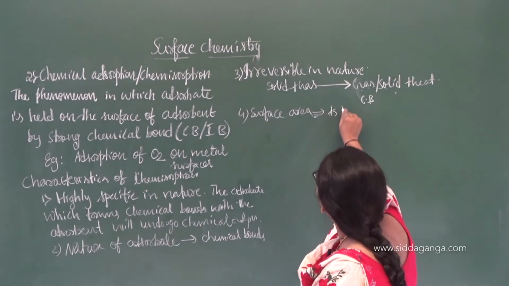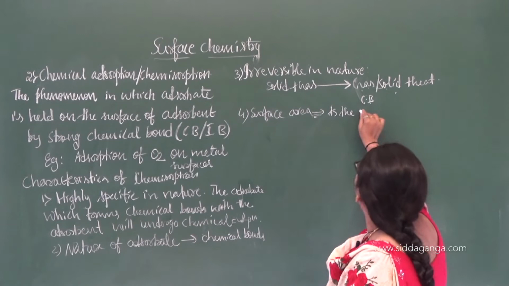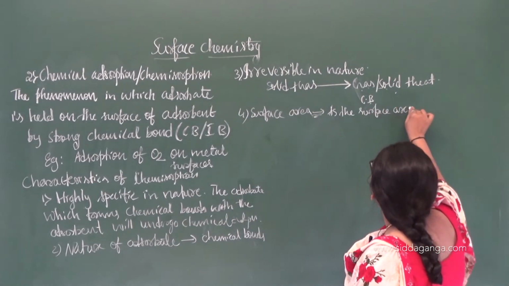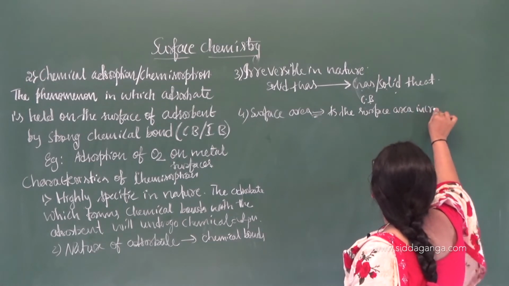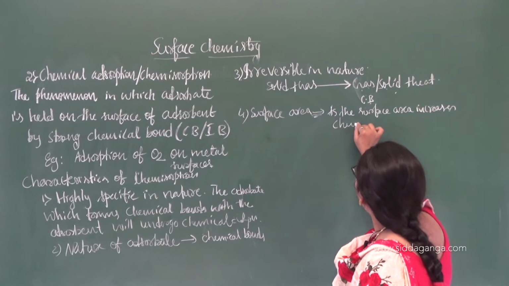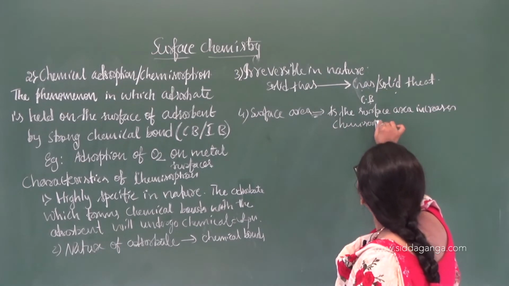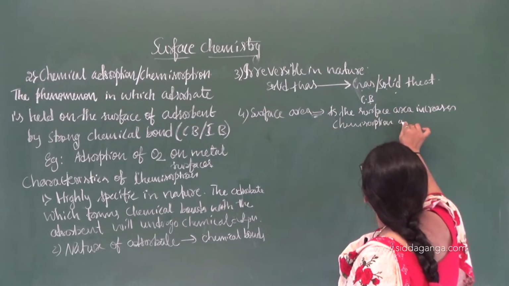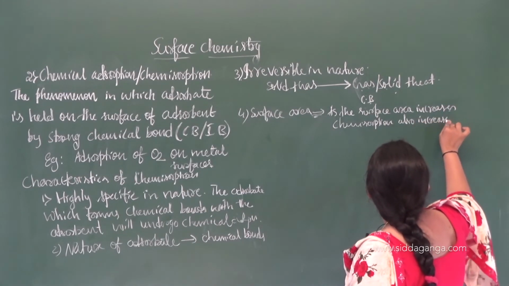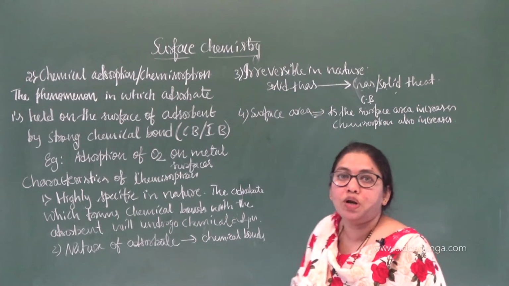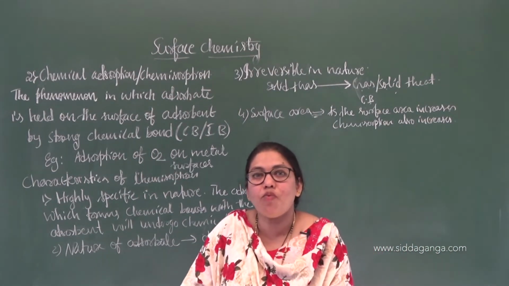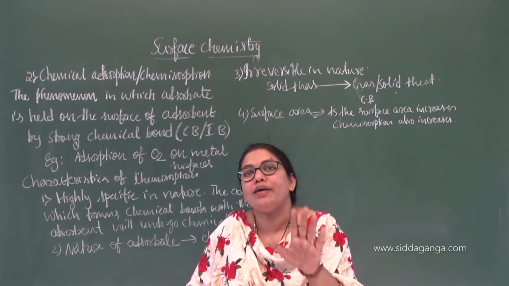As the surface area increases, chemisorption also increases, because with more space available, more adsorbate molecules will get adsorbed on the surface of the adsorbent.